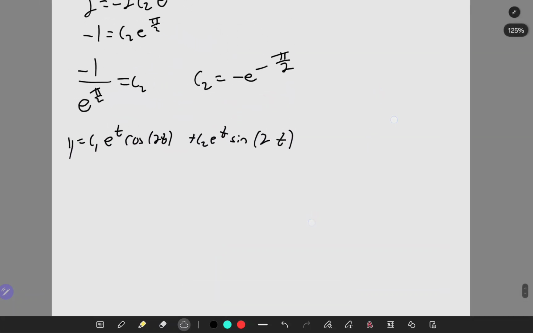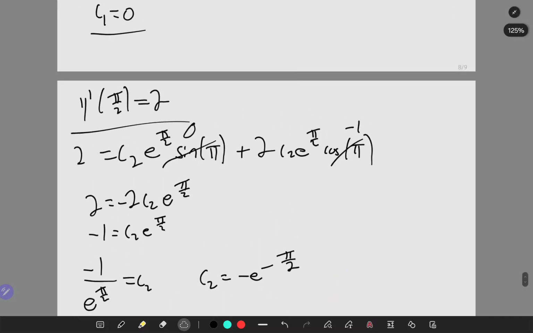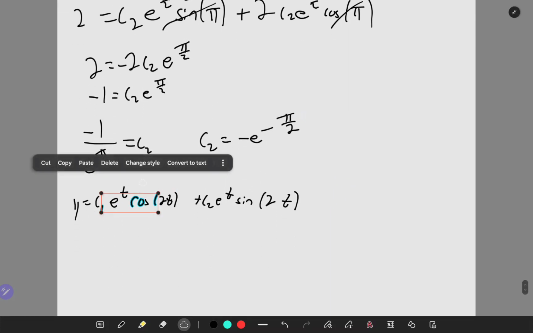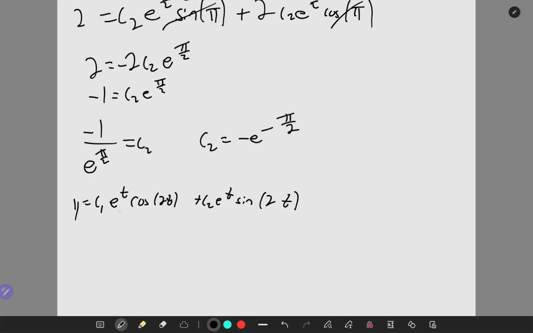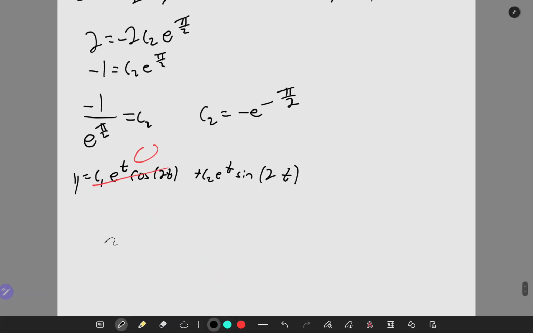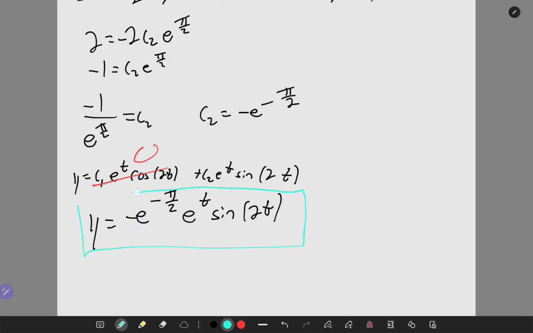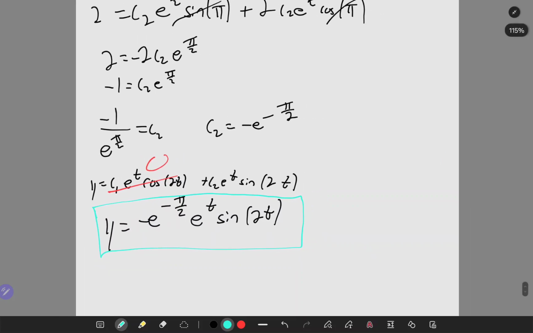Take our general solution. We plug in for c1 and c2. c1 is 0. c2 is -e to the negative pi over 2, times e to the t times sine of 2t. Okay.